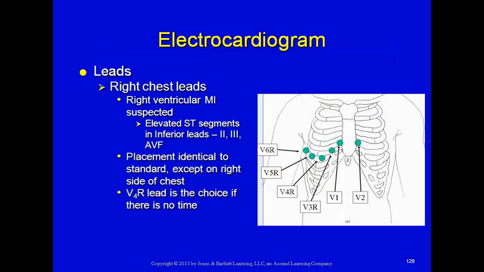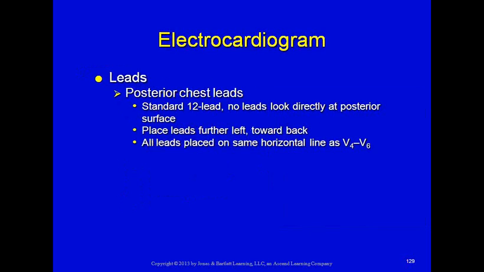Then I'm going to redo the 12-lead ECG, and by V6 I put an R, or I write across the top of it a right ventricular 12-lead. What I'm looking for here is elevated ST segments in right V4. If I have elevated ST segments in right V4, then that tells me that the right ventricle is involved, and we probably shouldn't be giving them nitroglycerin.